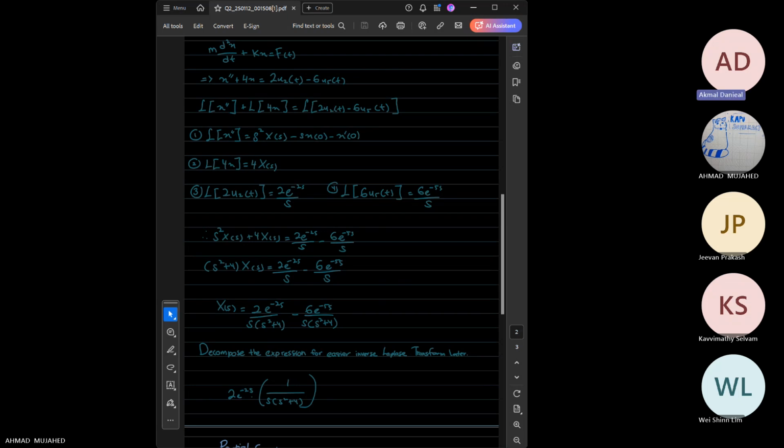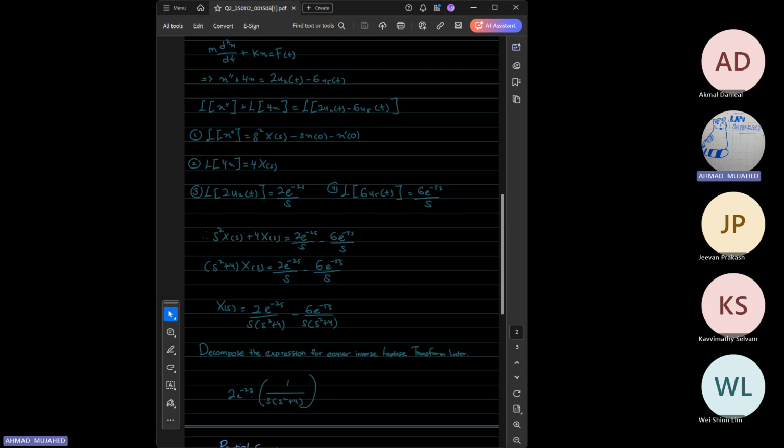Here we just simplify the equation into standard form. After that, we decompose the expression to make it easier to inverse.